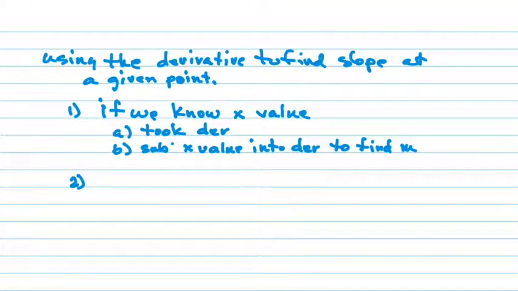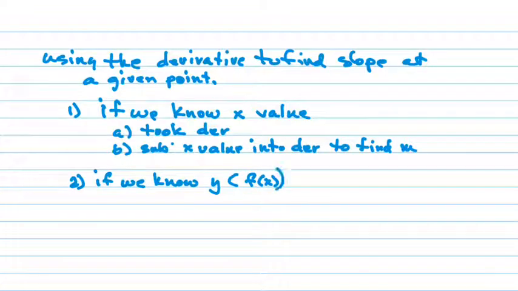Then yesterday what we did was, we did the same thing, but when we know not f, but we know the y. Okay? So when we know y, otherwise known as f of x, right? Remember that y and f of x mean exactly the same thing, right? Or it even has another name.